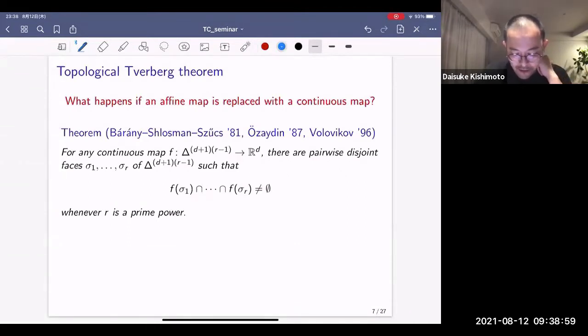For any continuous map, not affine map, f from the (d plus 1) times (r minus 1) simplex into R^d, there are pairwise disjoint faces, r disjoint faces sigma 1 to sigma r, such that their images by f intersect. The important point here is that we have to assume that r is a prime power.